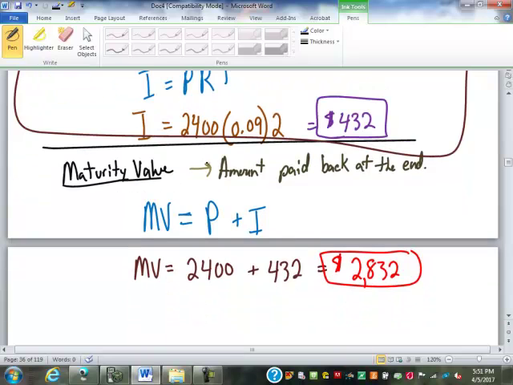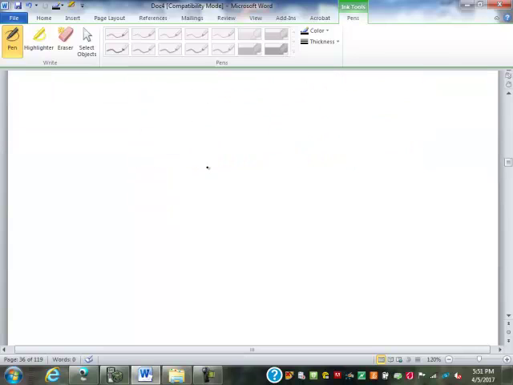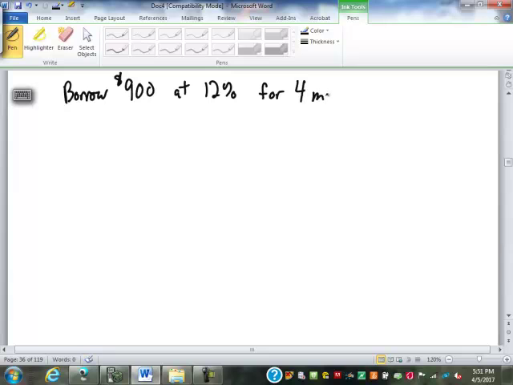So now, as I mentioned, it's not very often that they'll let you go for 2 years on simple interest. So let's take a look at something a little more reasonable. Let's say you borrow $900 at 12% for 4 months.